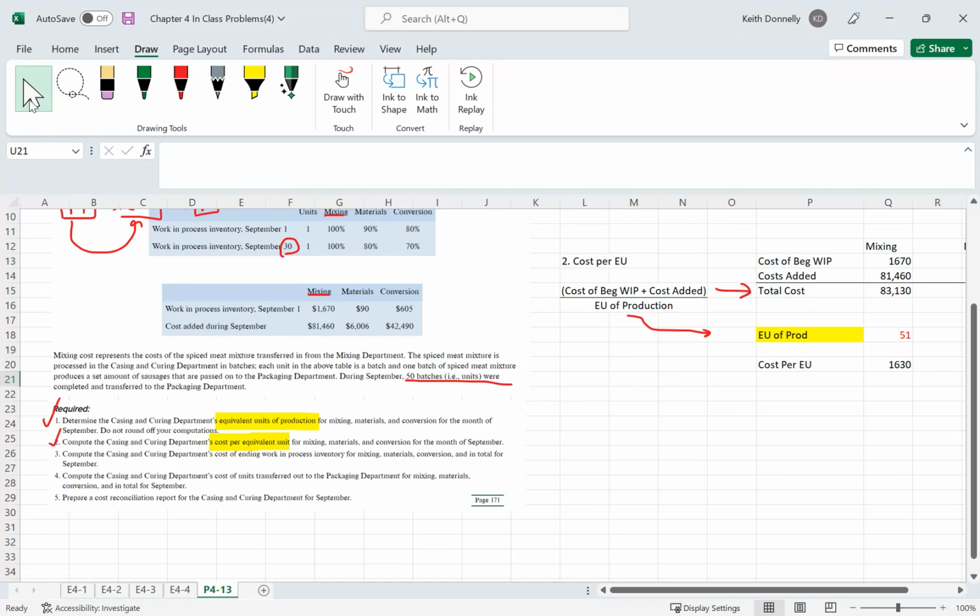Let's look at 3. It says, can you please compute the casing department's cost of ending WIP? So they want the cost of ending WIP for mixing, materials, conversion, and in total for September.